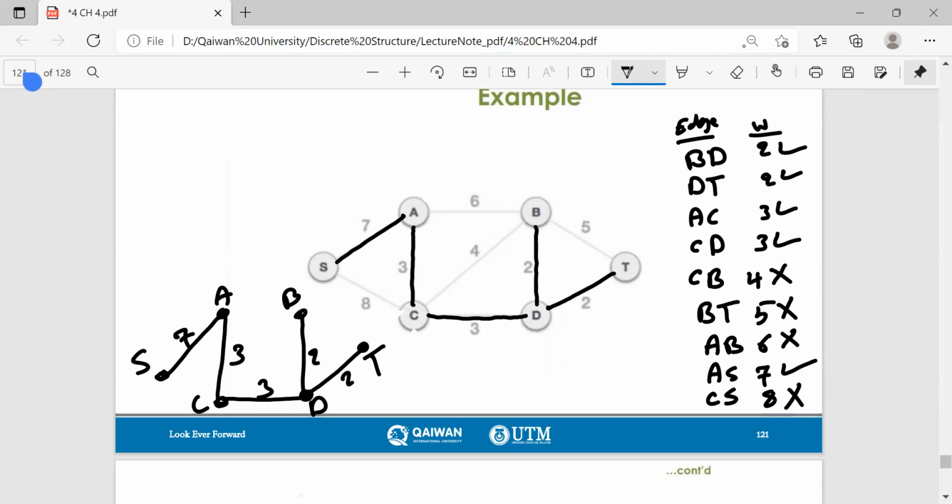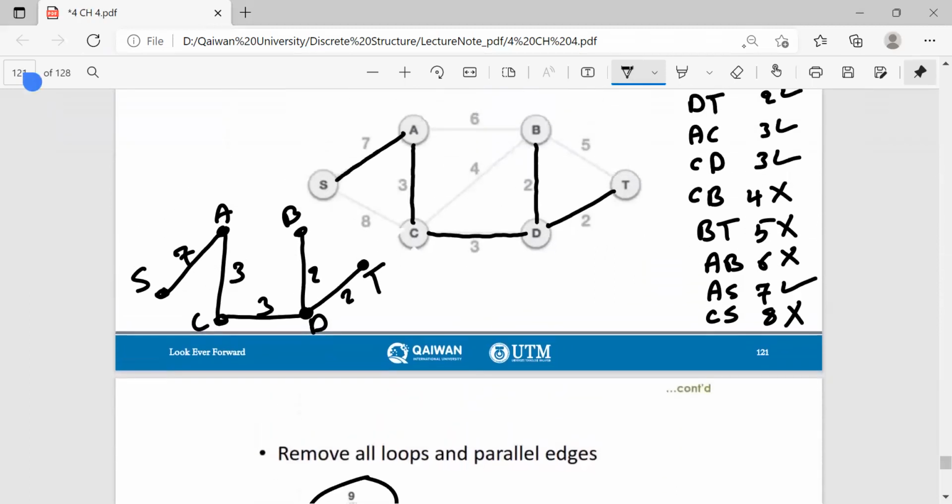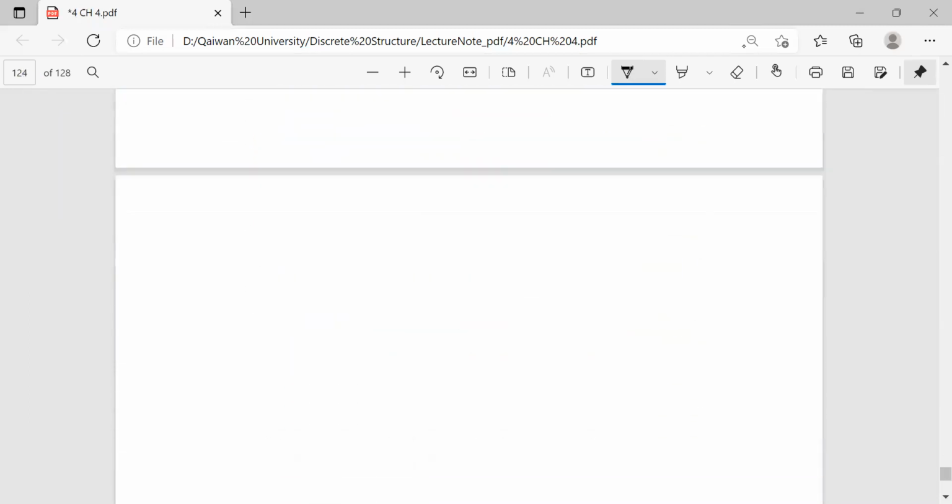The total minimum weight is the sum of all these weights: 7 plus 3 plus 3 plus 2 plus 2 is 17. So the total minimum weight is 17.